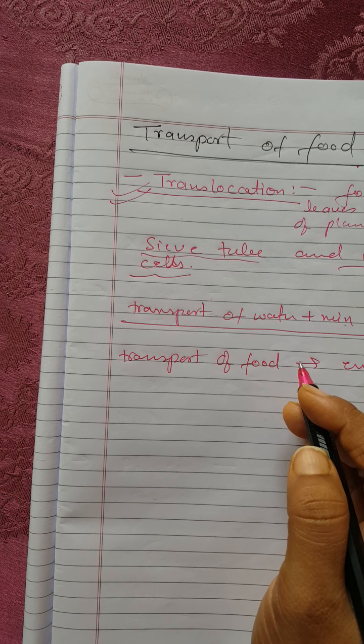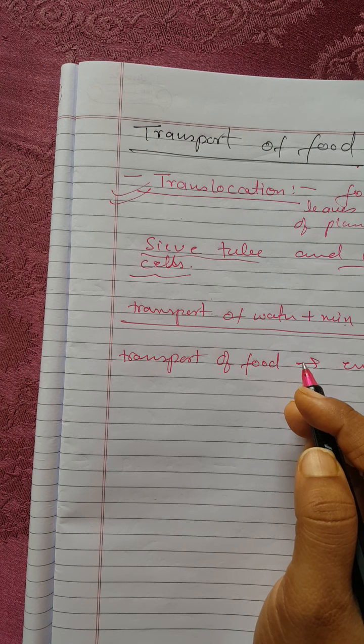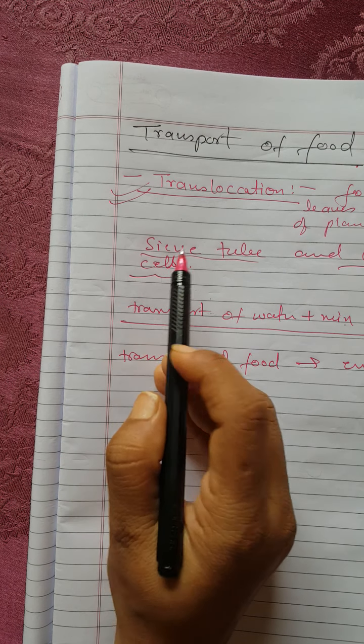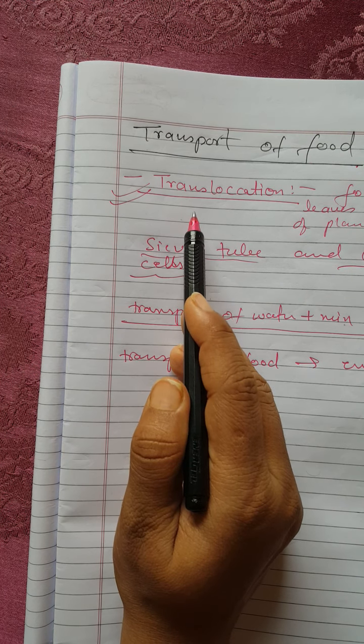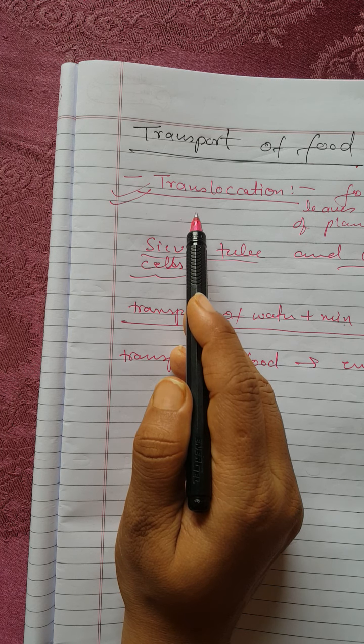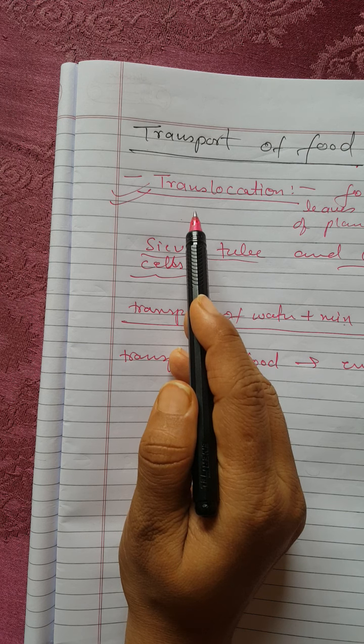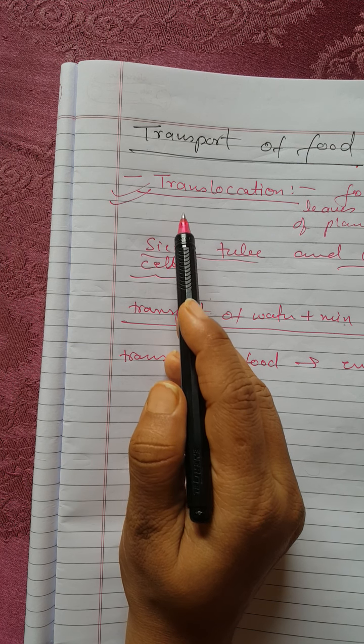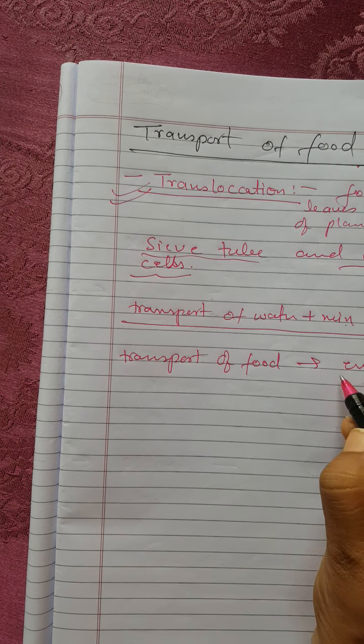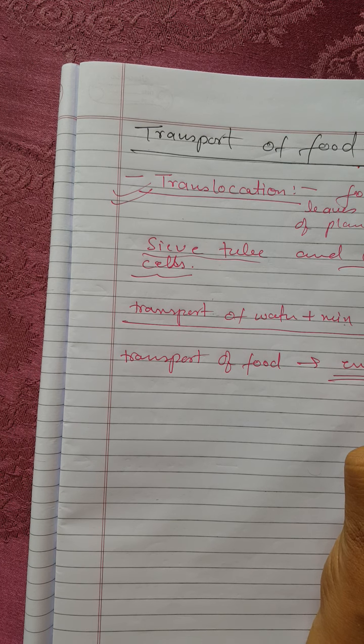So the soluble material is then transferred from phloem tissue to other tissue which has less pressure than the phloem. So the material the plant requires, the synthesized material, is translocated from a higher osmotic pressure area to a lower osmotic pressure area by using energy.